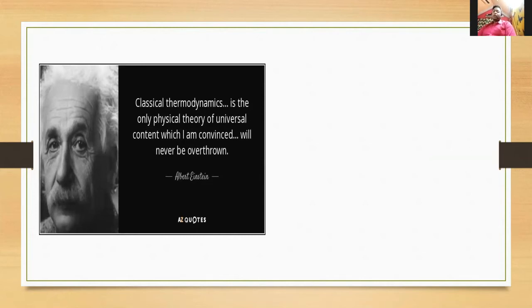Basically, this quote is a part of a bigger quote, which says that Albert Einstein was so convinced about thermodynamics as well as relativity. These are the two most important theories he found to be the most practically useful in defining the universe and understanding how it really works in detail. It can be understood by thermodynamics.